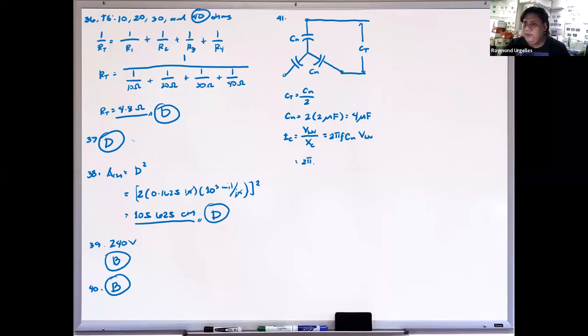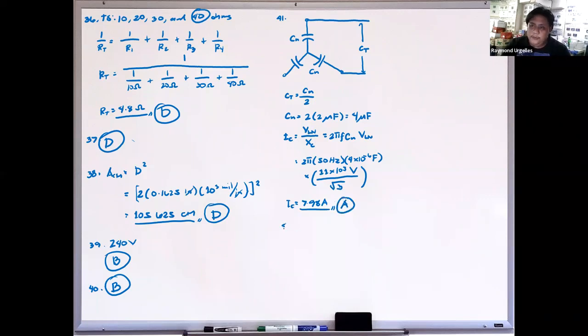So this will be 2 pi multiplied by the frequency, 50 Hz, micro means 10 to the negative 6, and the voltage given is 11 kilo, kilo means 1,000, divided by square root of 3. When you solve this, you get 7.98 amps. So this is letter A.